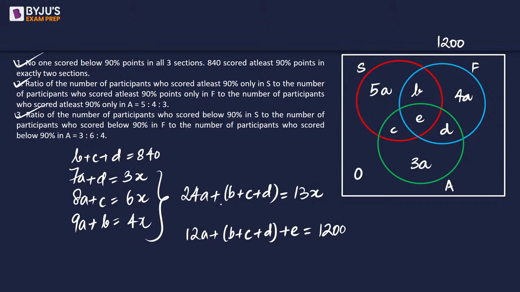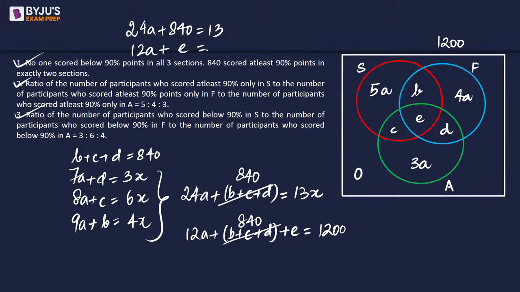So B plus C plus D हटा देंगे तो ये 840 है. This is also 840. So the first equation is going to give us 24A plus 840 is going to be in the table of 13. और अगर क्रॉस मल्टीप्लाई करेंगे तो भी रिलेशन आएगा. Okay, next one is going to be 12A plus E is equal to 1200 minus 840, which is 360.